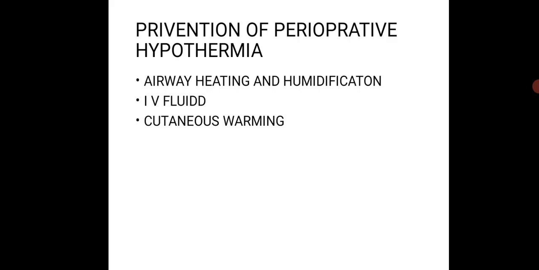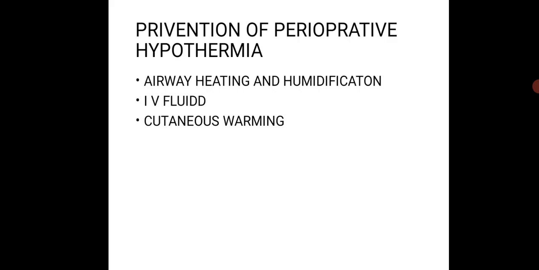Insulation is available in most operating rooms. It includes cotton blankets, surgical drapes, and plastic sheets. A single layer of each reduces heat loss by up to 30%.